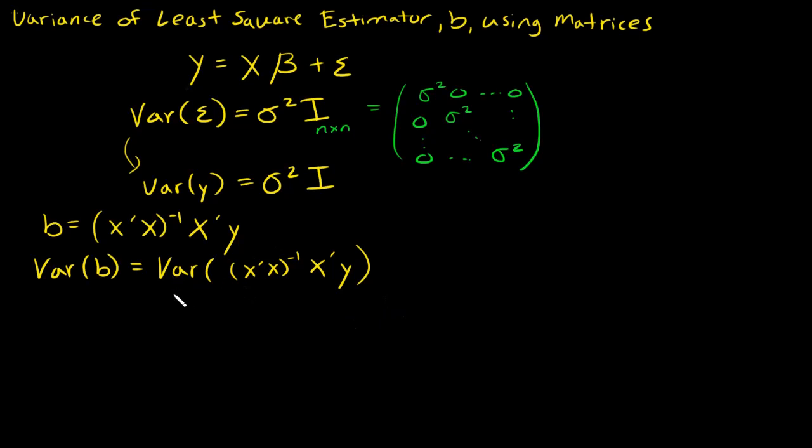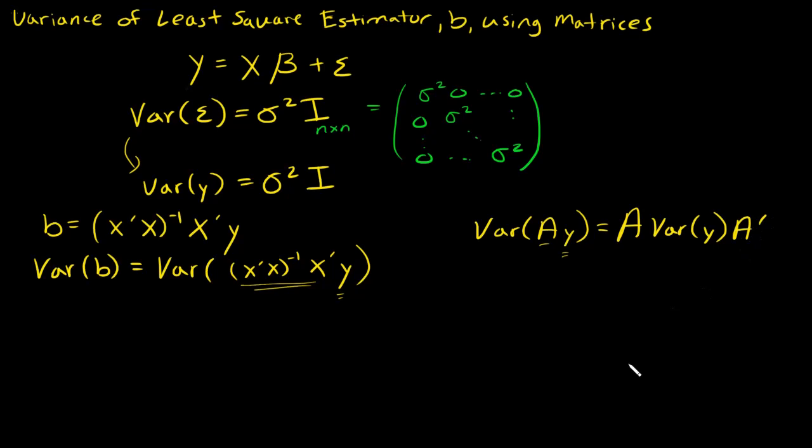In order to bring this variance in here, we need to remember something about variance. If you have the variance of a matrix times a vector, where A is not random, like a constant, and only y is random, this equals A times the variance of y times A transpose.